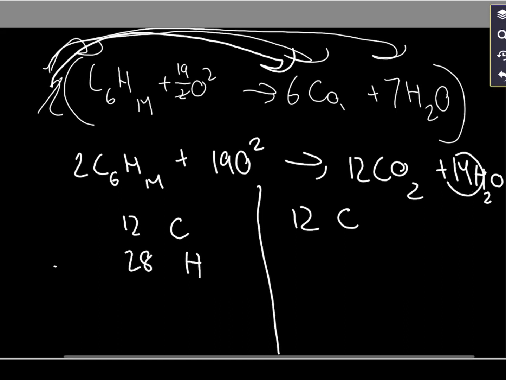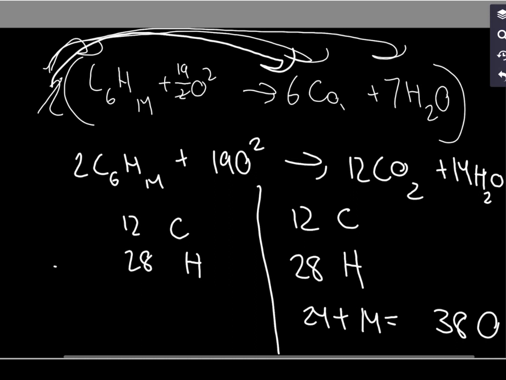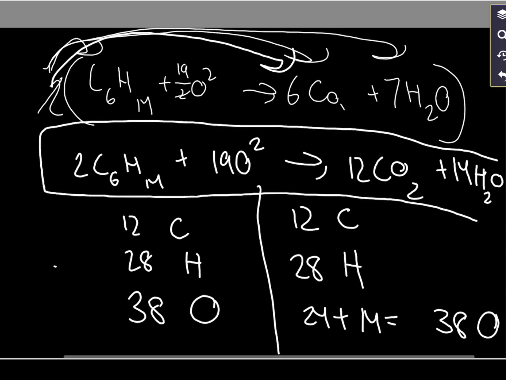Well, guess what? 14 times 2, 28 hydrogen atoms. 12 times 2 is 24, plus 14 times 1, which is 14, gives 38 oxygen atoms. And 19 times 2 is also 38 oxygen atoms. So this is our final balanced equation.